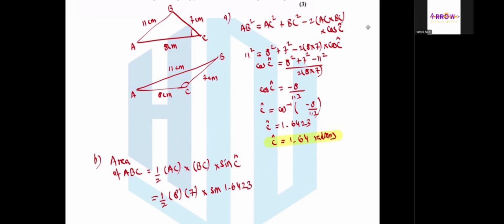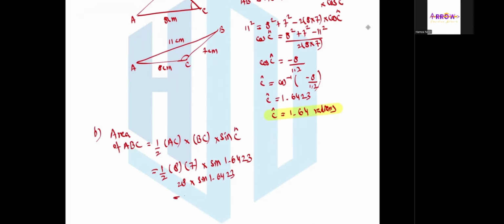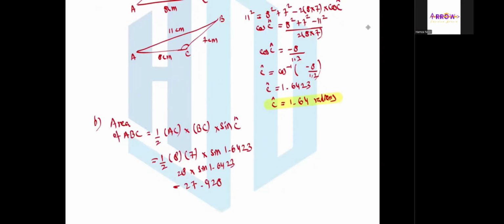1.6423. Okay, because I'm using this angle in my further calculations, so I'm going to choose a higher accuracy angle over here. All right, so just evaluate this. Half multiplied by 8 multiplied by 7 is 28, and 28 multiplied by sine 1.6423 is supposed to be 27.928 centimeters squared.